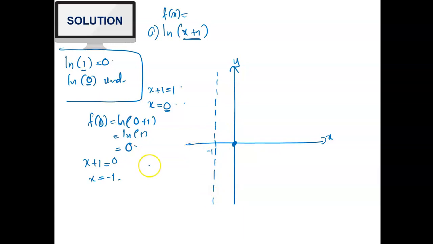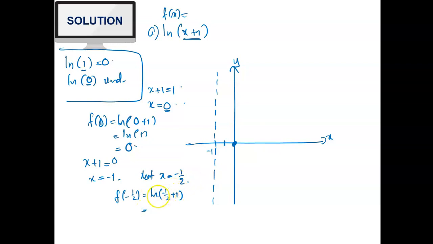Just imagine that if I choose any value of x that lies in between 0 and negative 1, let x equal to negative 1 over 2. So f(negative 1/2) is natural log of negative 1/2 plus 1.